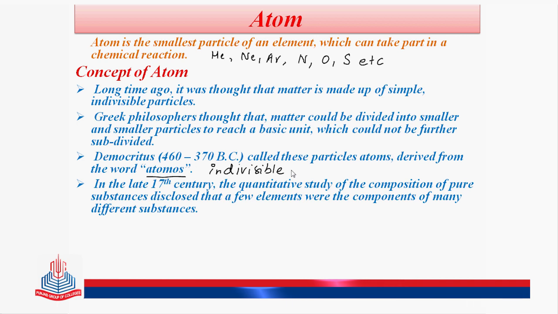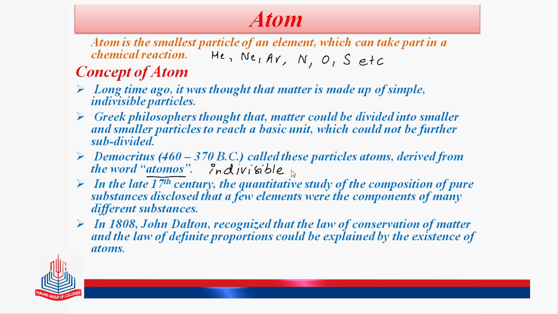Moving on, in the year 1808, John Dalton, who was an English school teacher, made an important contribution to the understanding of the concept of atom. He recognized that the law of conservation of mass and the law of definite proportions cannot be explained if we do not accept the existence of atoms.